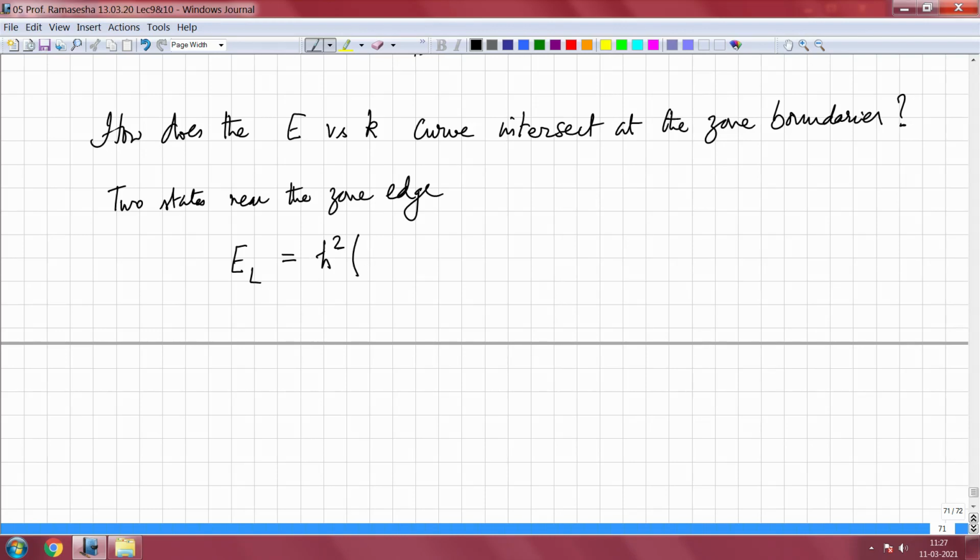So, I will call it KB. The higher energy band has energy h cross squared by 2m into (KB plus delta) squared, where KB is the zone edge.